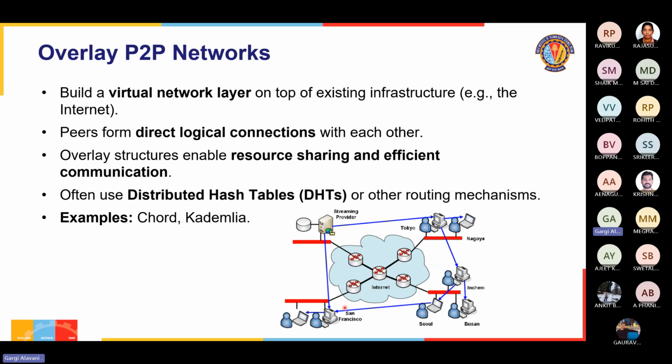The hash function will map the data to a unique identifier. Then each node in the DHT is assigned a unique identifier within that same hash space. This hash space is divided amongst nodes, with each node responsible for a specific range of hash values.